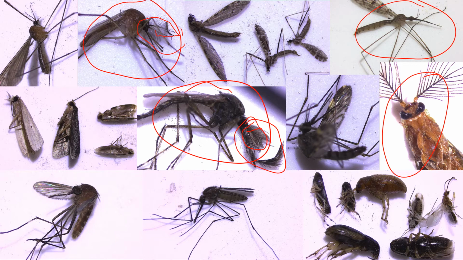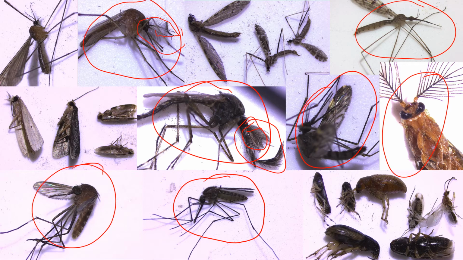And the females are nowhere near that fuzzy, and the male actually has that to detect females around him. And then down here, of course, we have our mosquitoes right here. These are nice female mosquitoes, and this one as well. And then, of course, we have a few moths and a few other things over here.